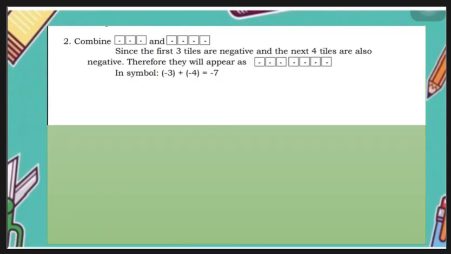Another one, combine these 3 negatives and 4 negatives. Since the first 3 tiles are negative and the next 4 tiles are also negative, the result will be negative. In symbol, we have negative 3 plus negative 4 is equal to negative 7.